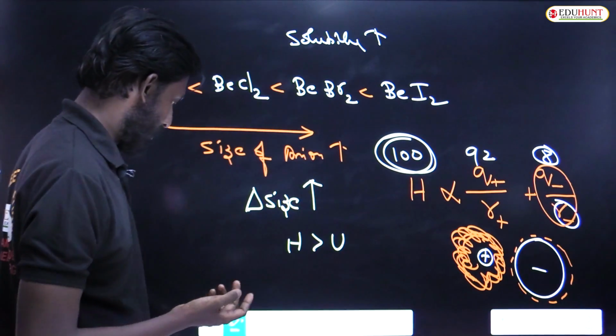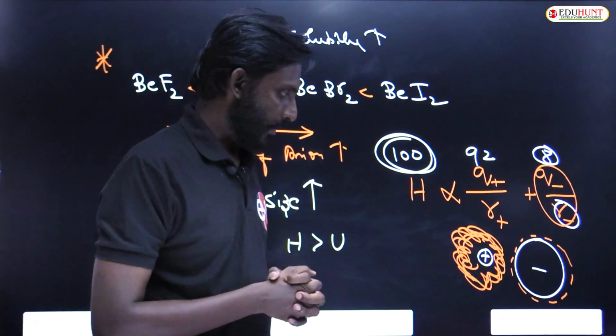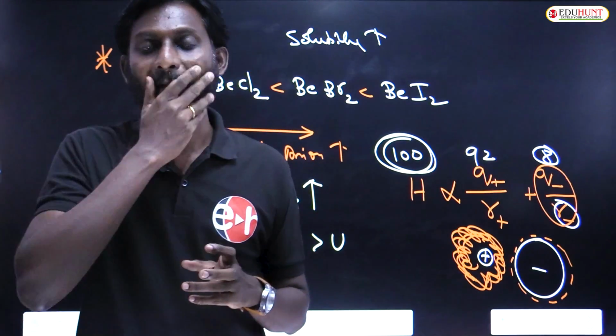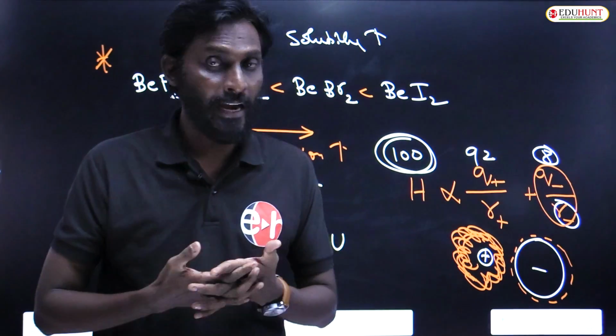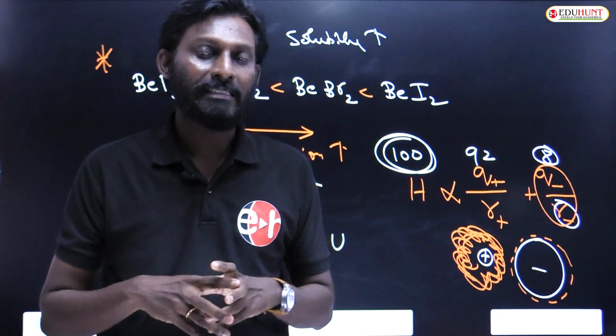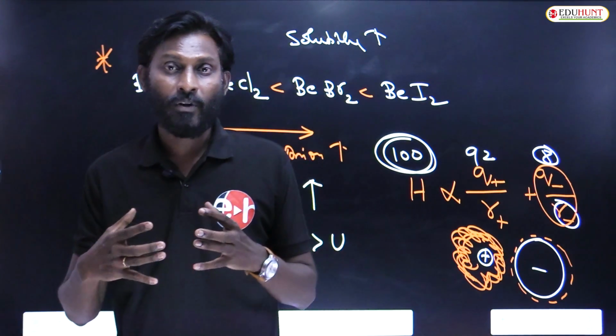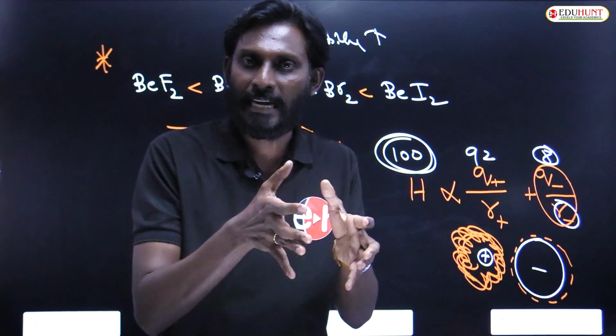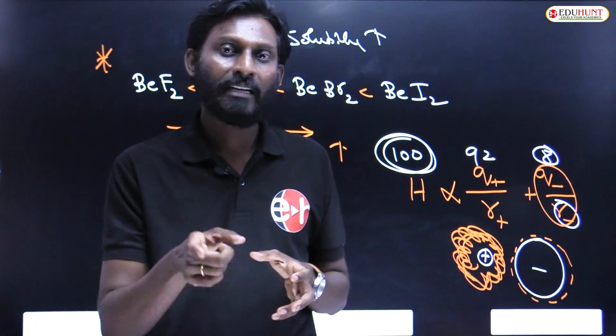This is how the solubility of an ionic compound depends upon the lattice enthalpy and hydration enthalpy. In the next class, we are going to discuss what polarizing power and polarizability are, and how they decide the covalent nature in an ionic compound.